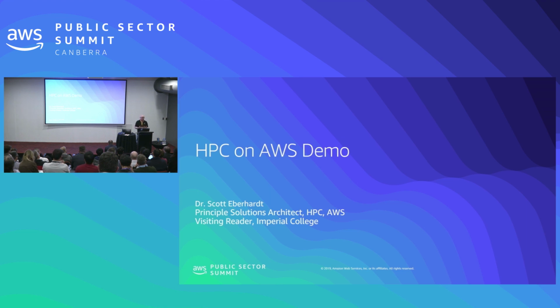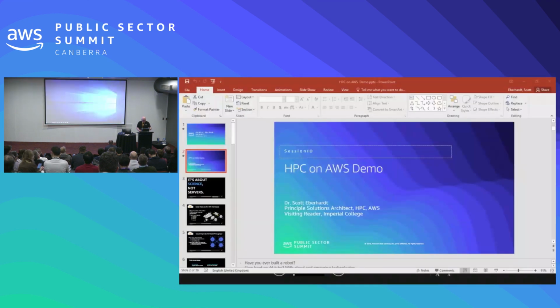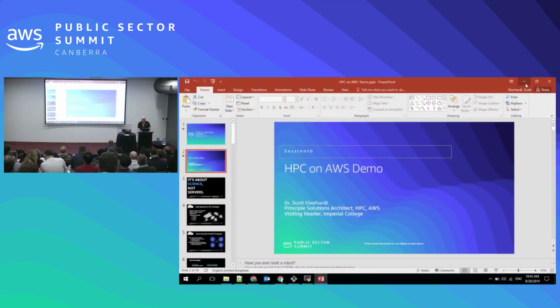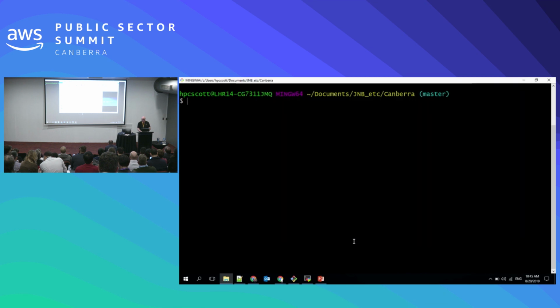With AWS, of course, you only pay for what you use, and therefore it's nice to have your compute nodes launch and then disappear and only appear when you need them. So with that, let me go to my demo.